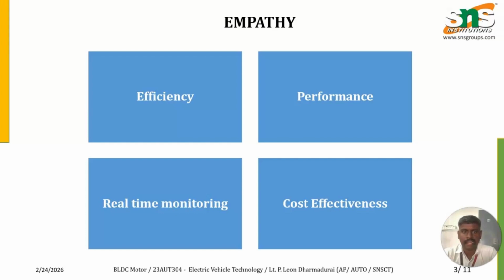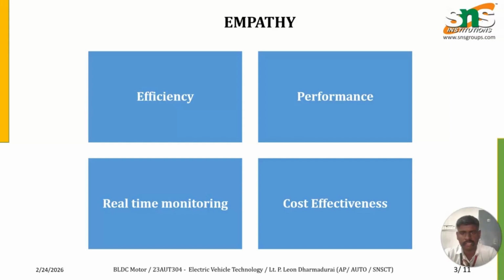performance-producing motor, and real-time monitoring. In a DC motor, real-time monitoring is not possible. So we need something extra, a feedback system or a control system that monitors the operation of the motor regularly and gives feedback to the control system in order to alter or provide some adjustment to the system.